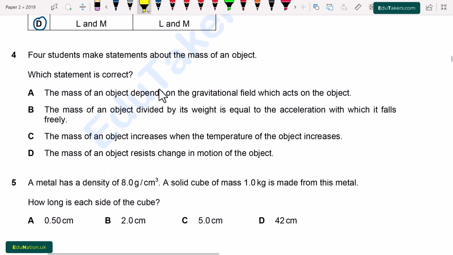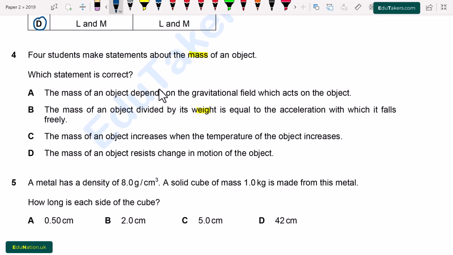Question number 4. Four students make statements about the mass of an object. Which statement is correct? A. The mass of an object depends on the gravitational field which acts on the object. B. The mass of an object divided by its weight is equal to the acceleration with which it falls freely.